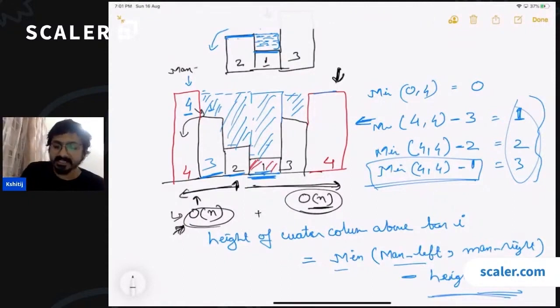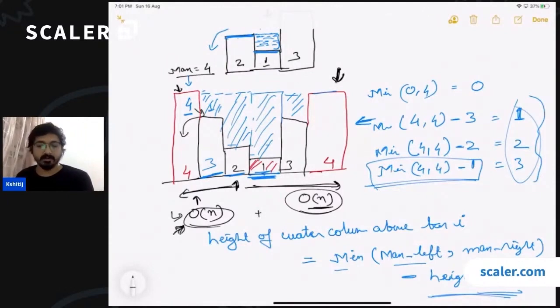So we'll initialize a maximum value. We can initialize it with minus infinity, or maybe 0. Maybe we can also initialize it with the length of the first bar. So we say that currently the maximum is this, and we'll keep updating the maximum as we visit all the bars in this order n loop, right?